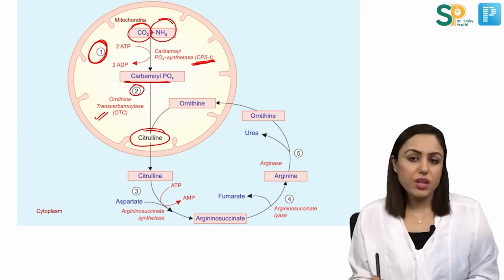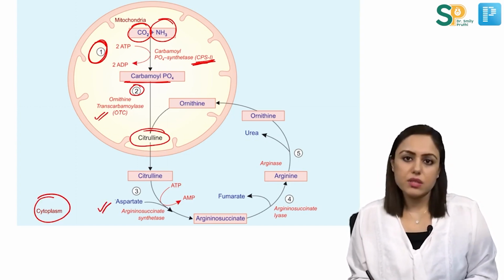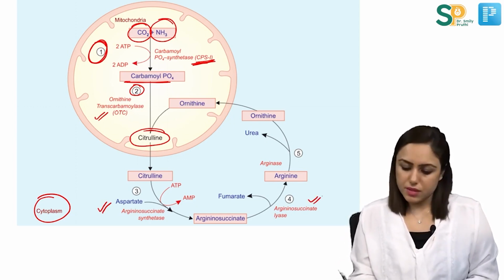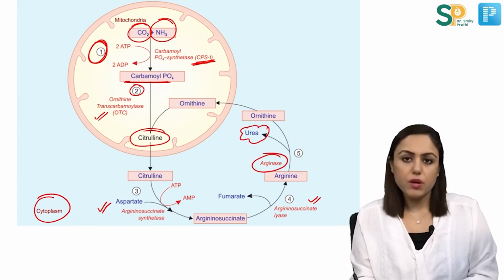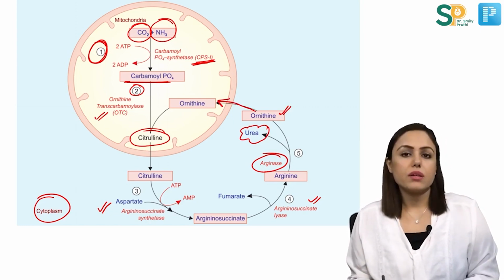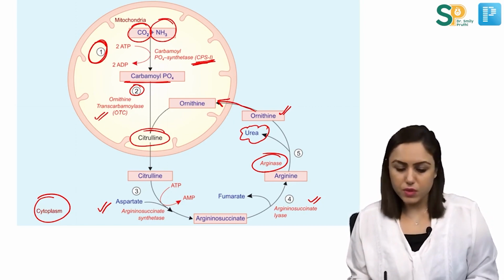Then there are 3 reactions occurring in cytoplasm. First is arginosuccinate synthetase enzyme in cytoplasm, okay. Then arginosuccinate lyase, then arginase is the last enzyme which is making this urea. On the other hand, ornithine goes back in mitochondria again and contributes to next cycle, okay.